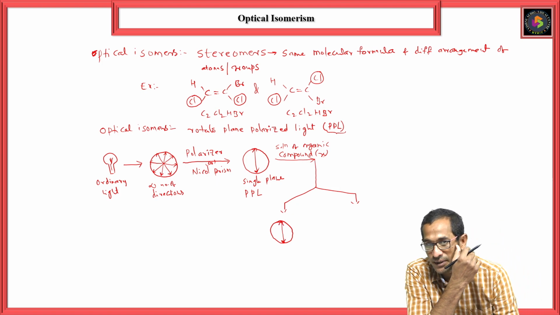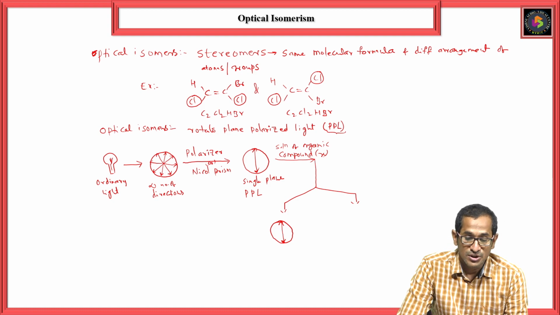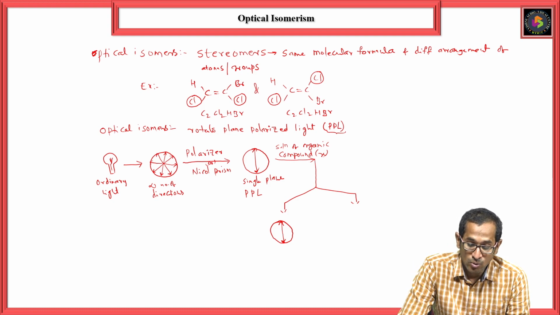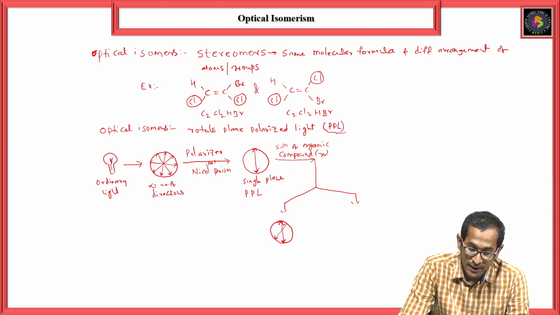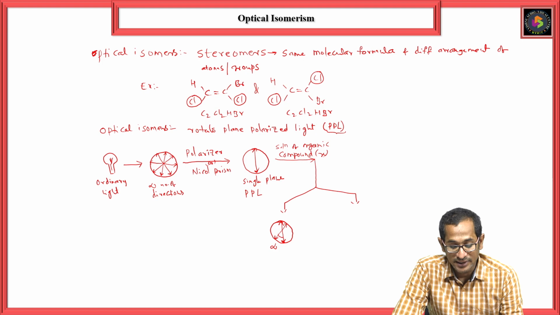See, this is the original PPL, which is passing through the solution of the organic compound. Now that organic compound may rotate the plane polarized light with an angle alpha. Alpha is the optical rotation angle.